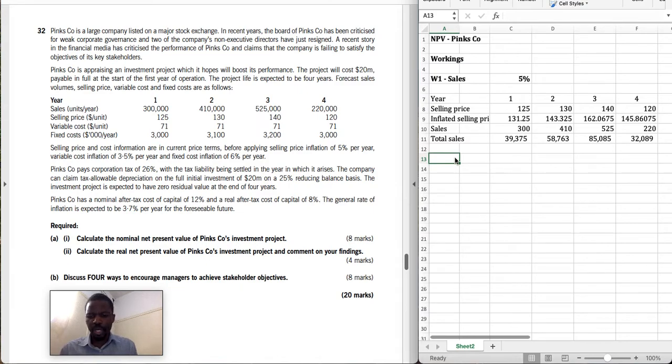Now we go to our working 2, which is variable costs. Our working 2 is variable costs, and we are told that the variable cost inflation is 3.5%.